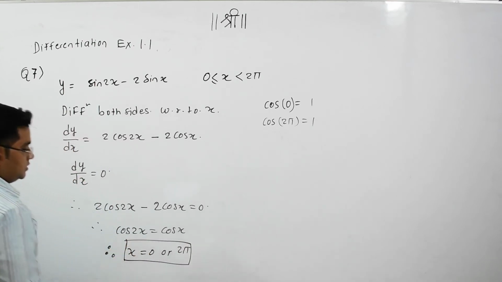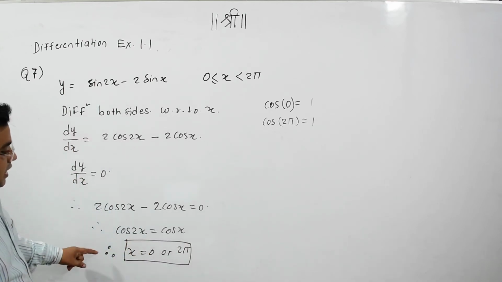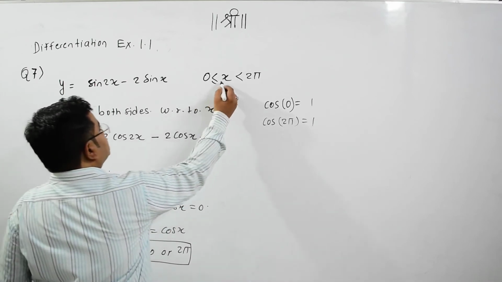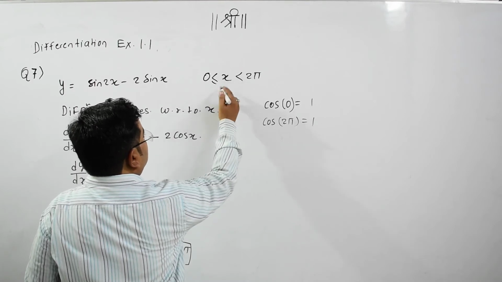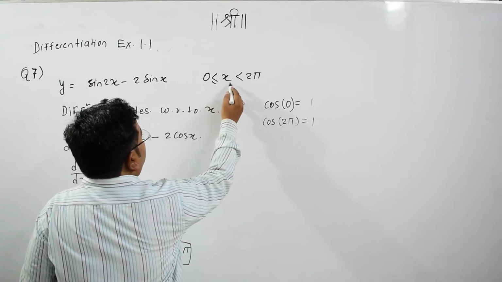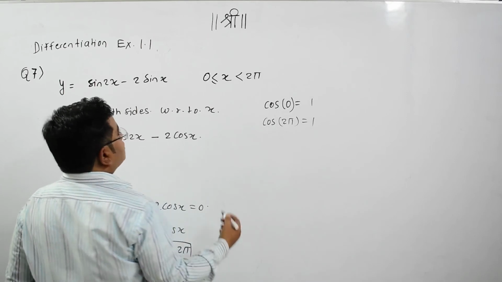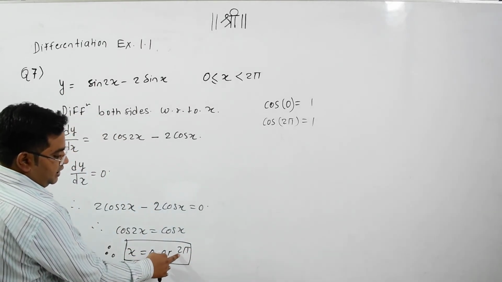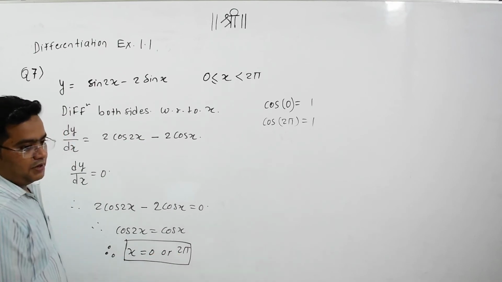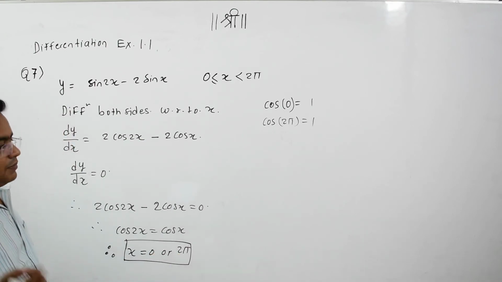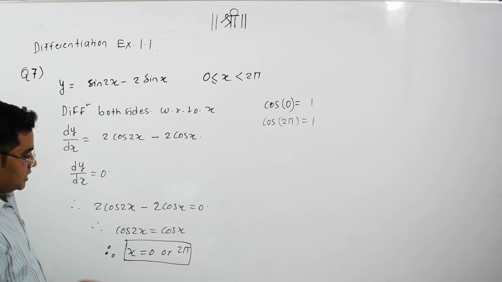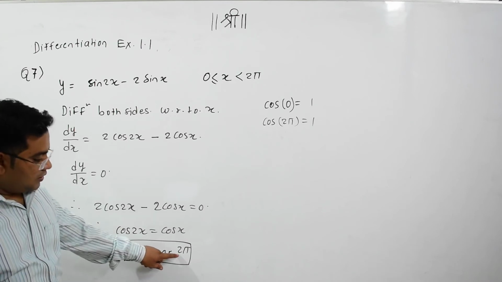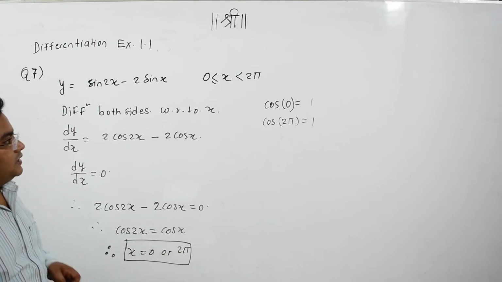In this case, except differentiation, they have given us one important parameter: x is greater than or equal to 0 and less than 2 pi. Common sense says that if x is less than 2 pi, it should not be 2 pi. So within these circumstances our value is 0 or 2 pi. Okay, that's the final answer.